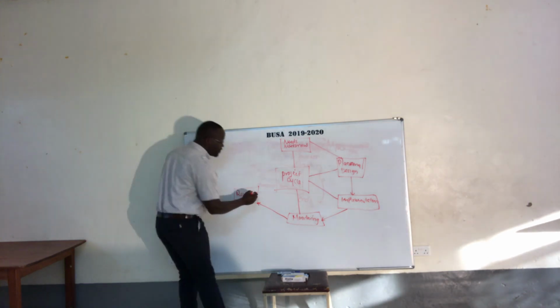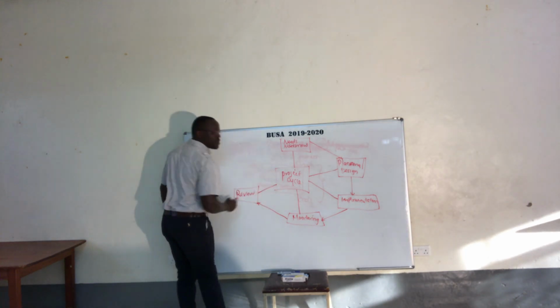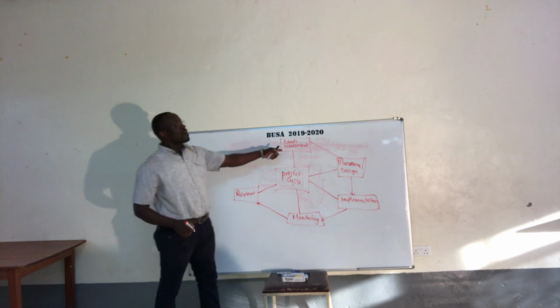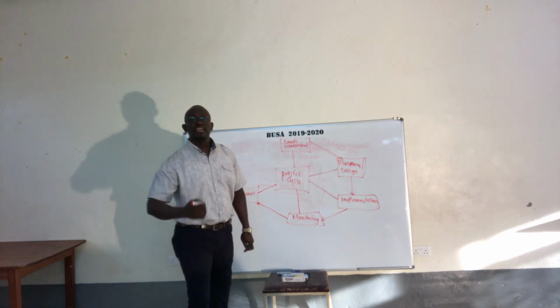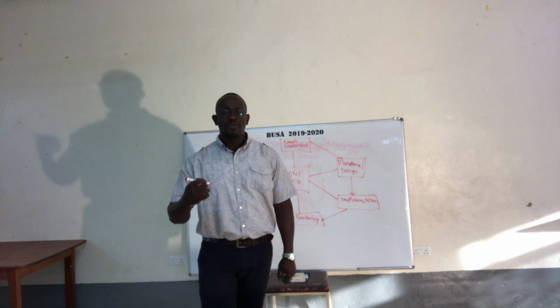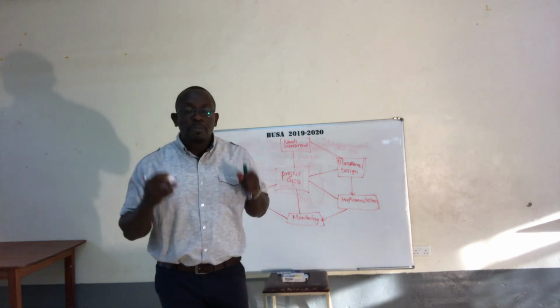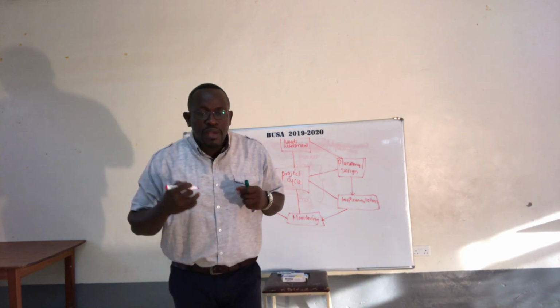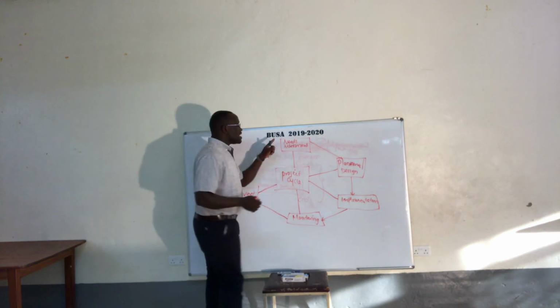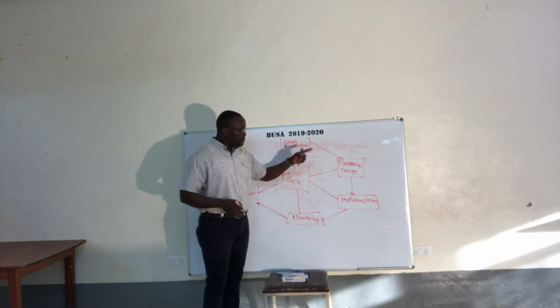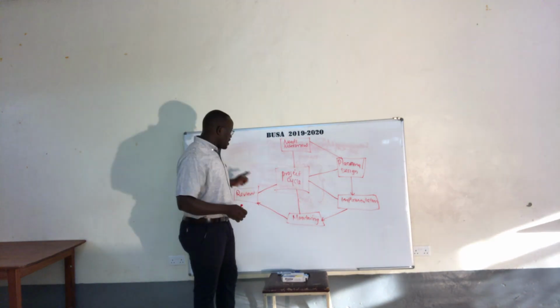And as he reviews the project cycle, he has to come back to the needs assessment. He has to sing the song of the needs assessment, of the plan, of the implementation, monitoring, and the review.